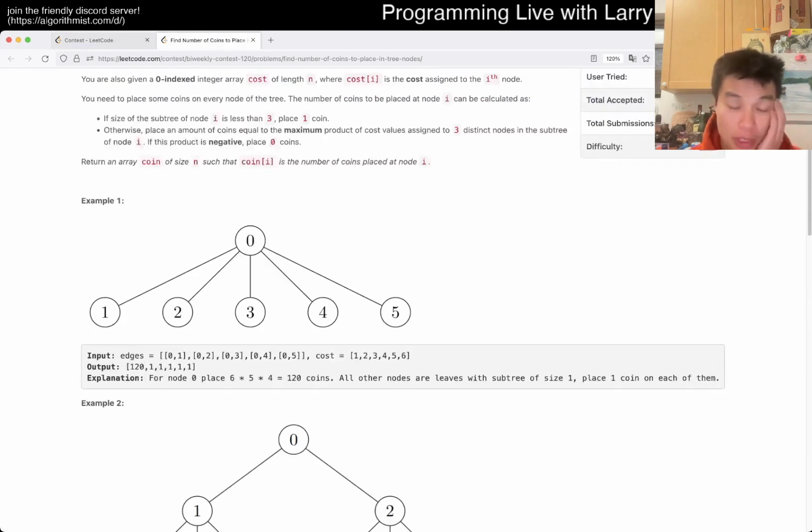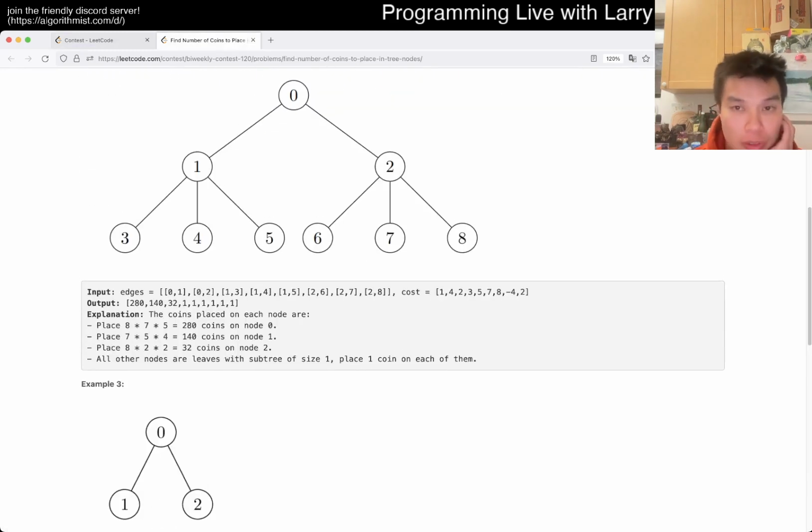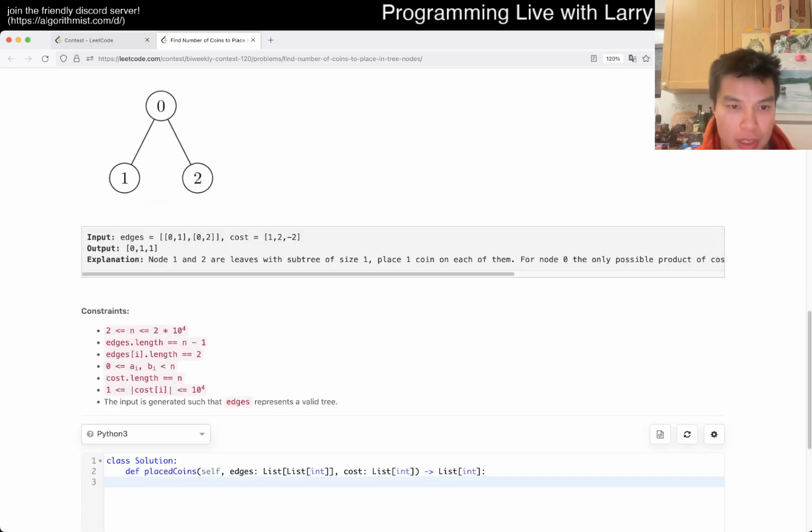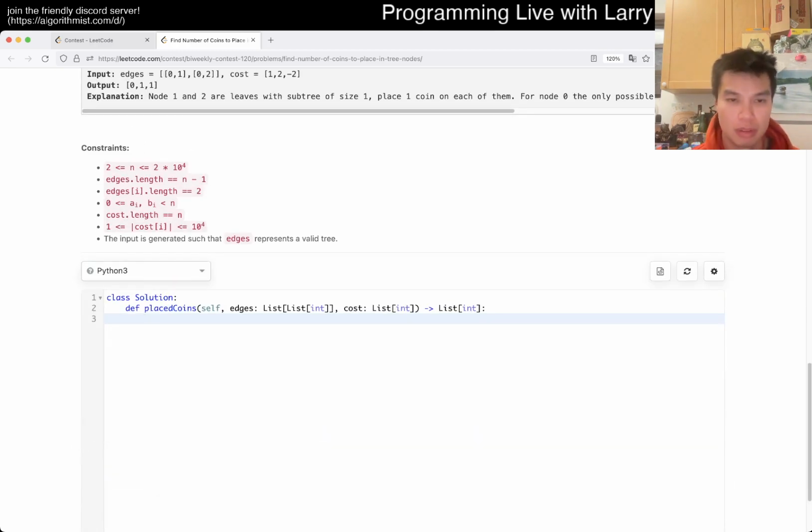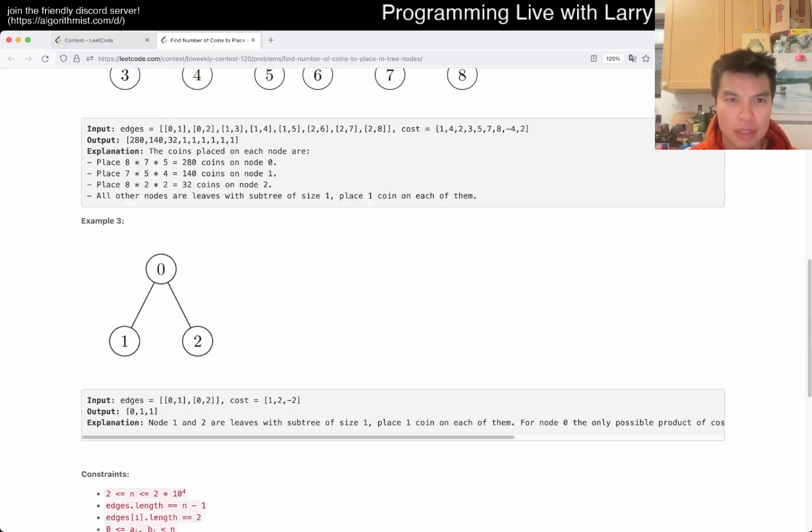Okay, so what do we keep track of? We return 3 biggest and 3 smallest, and that should be good, right? So you just return 6 numbers. I guess, I don't know. What is cost again?